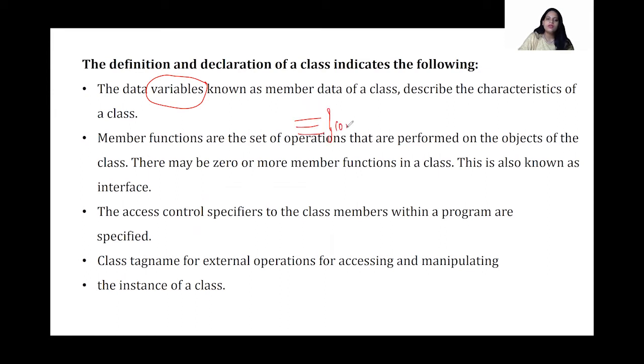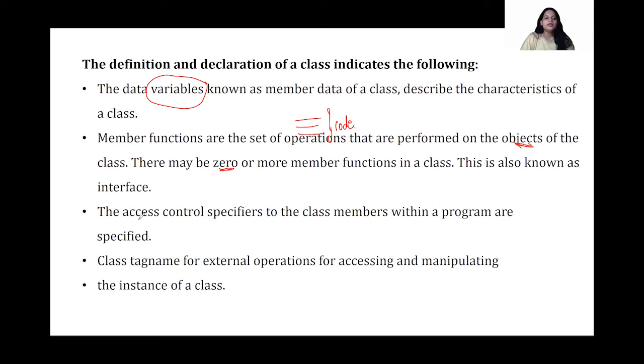Member functions will have code, and they perform on the objects of the class. Now, there may be 0 or more member functions in a class. This is also known as an interface. It is not necessary that every class should have functions. It can have 0 or more member functions.